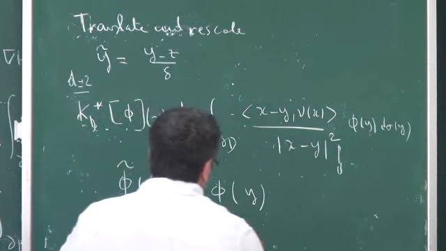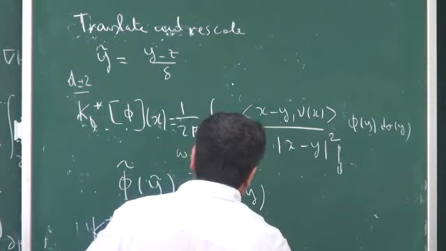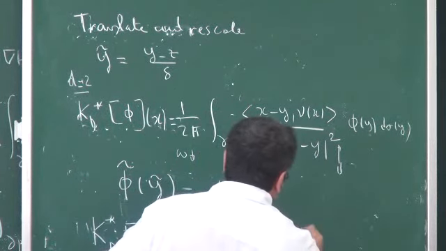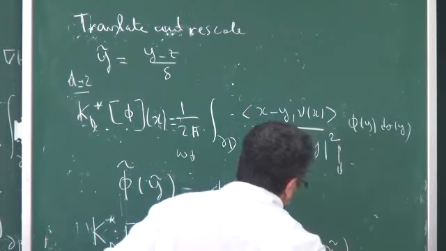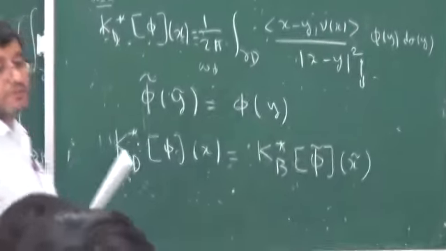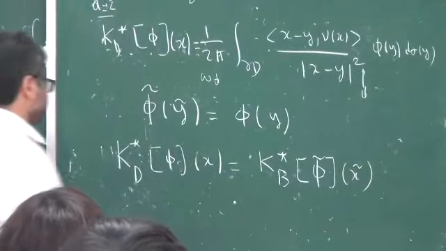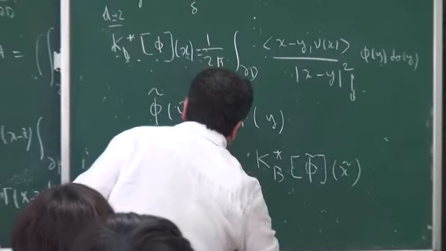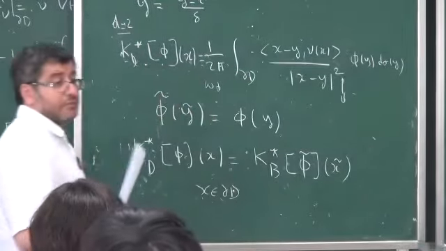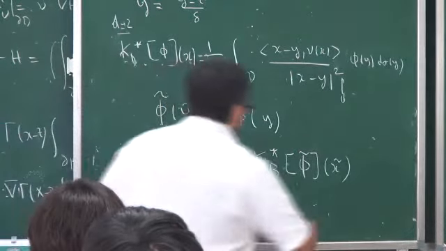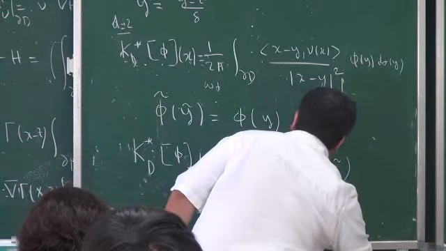This is the same as k d star of b of phi tilde at x tilde for any x on the boundary. Okay, so x tilde will be on the boundary of b.